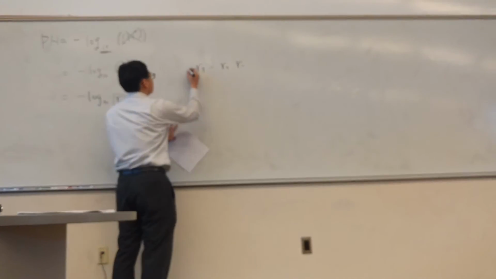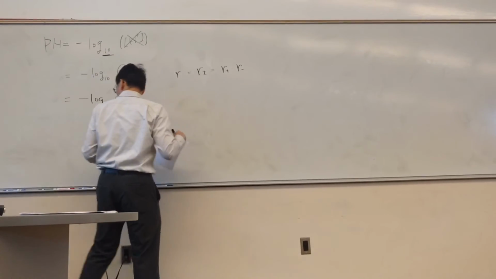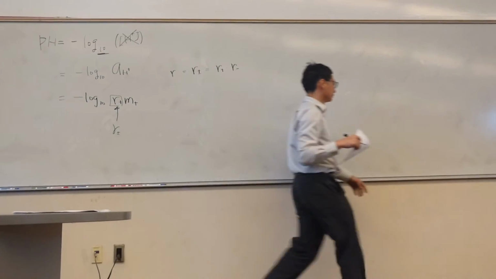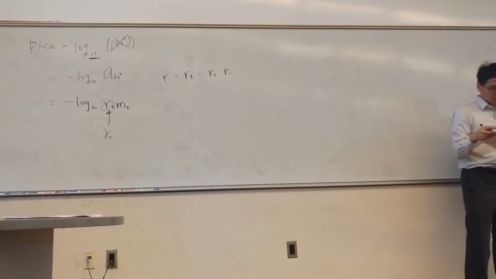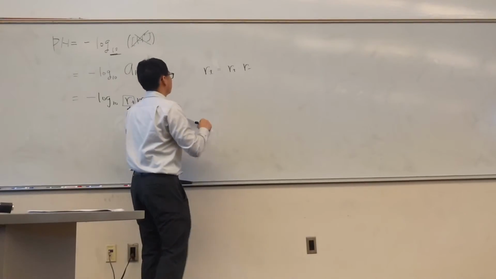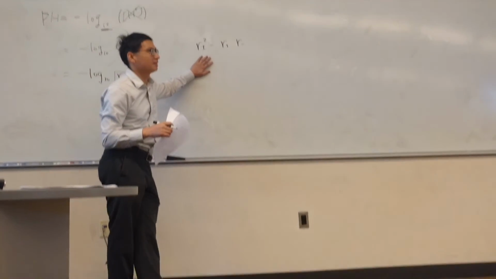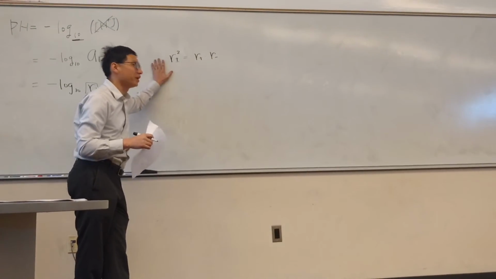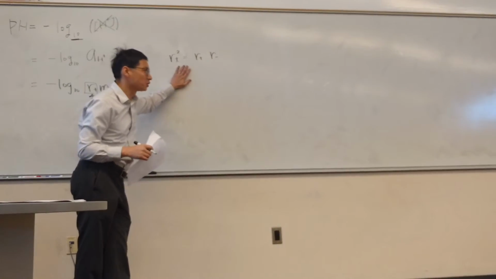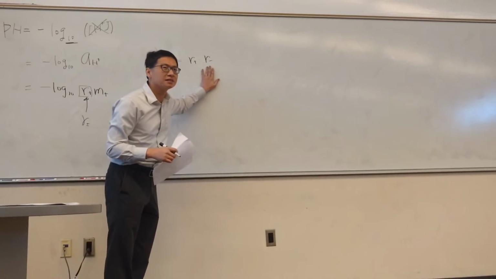So this is actually how we write this: gamma plus minus squared is equal to gamma plus times gamma minus.